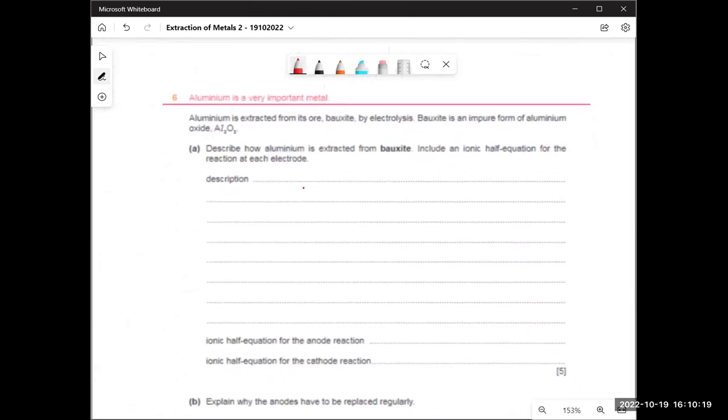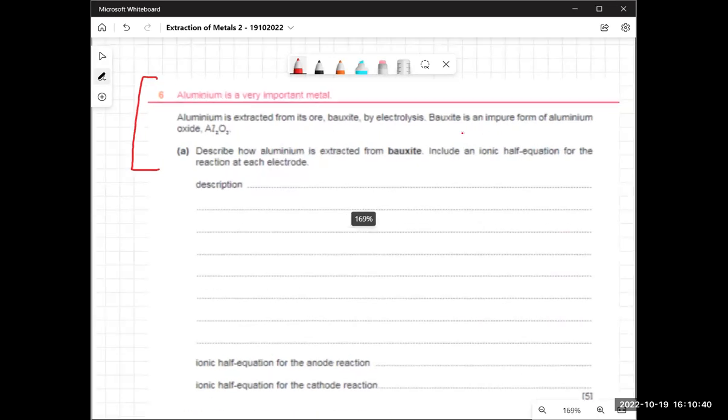Start reading. Safa, read the question. Aluminium is a very strong and useful metal. Aluminium is extracted from its ore bauxite by electrolysis. Bauxite is an impure form of aluminium oxide, Al2O3.